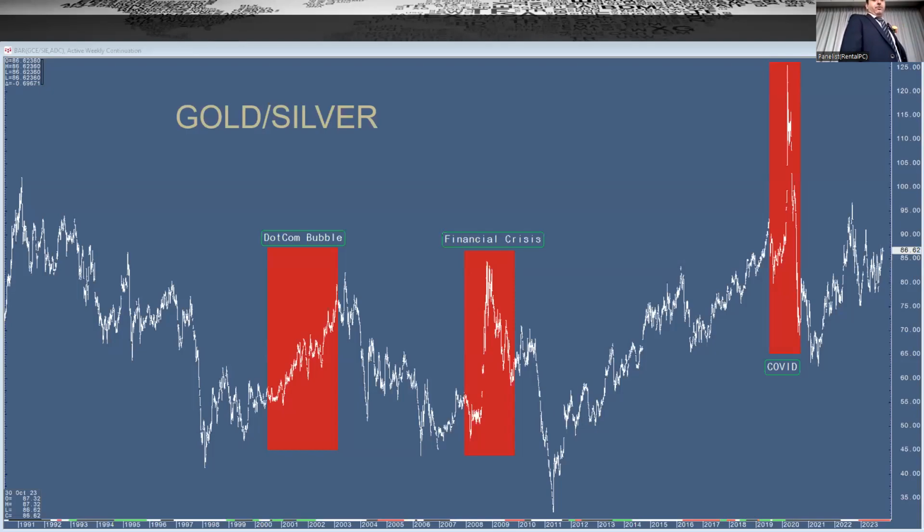But the reason why it's an interesting spread is because gold has obviously been a safe haven product. People go into it at times of difficulties. On the other side, silver is more of a product that has an actual industrial use.